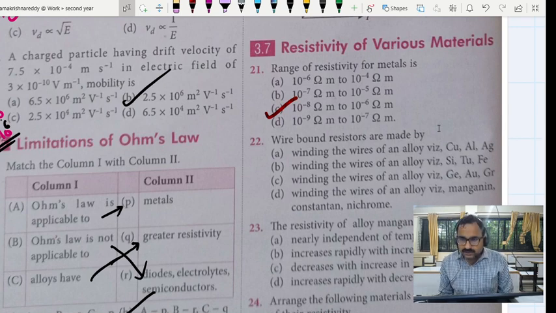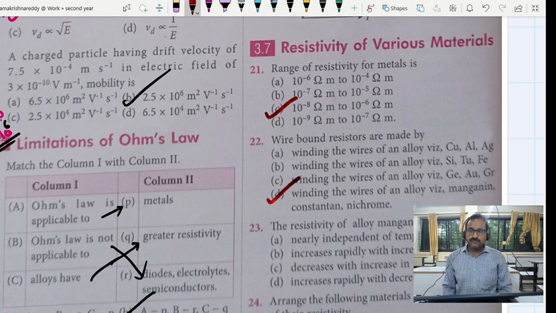Wire bound resistors are made by alloys only, like manganin, constantan, and nichrome. Their resistivity is almost independent of temperature. So wire bound resistors are made using alloys like manganin, constantan and nichrome.